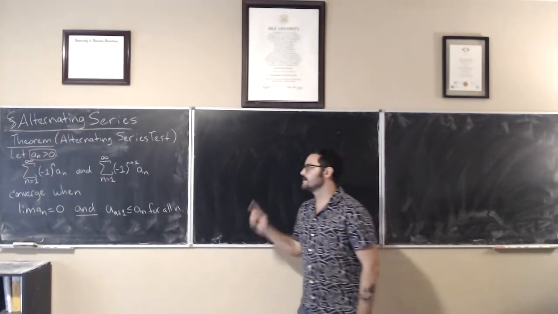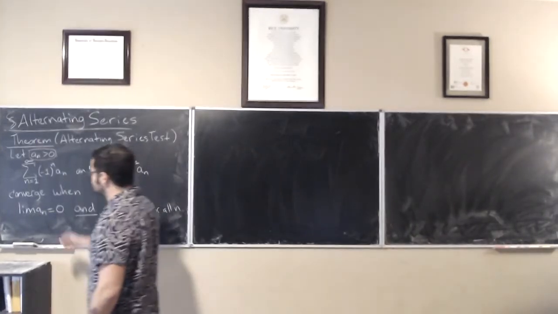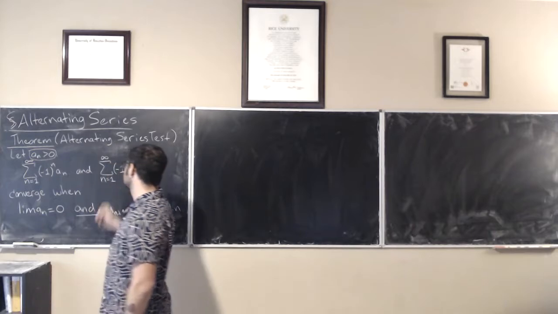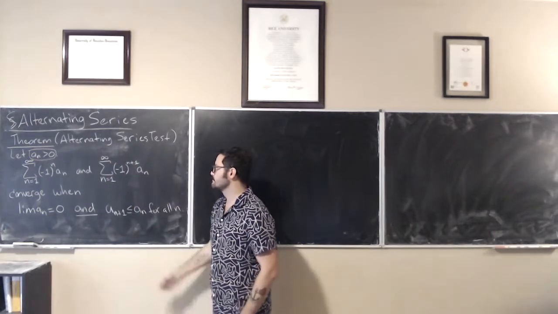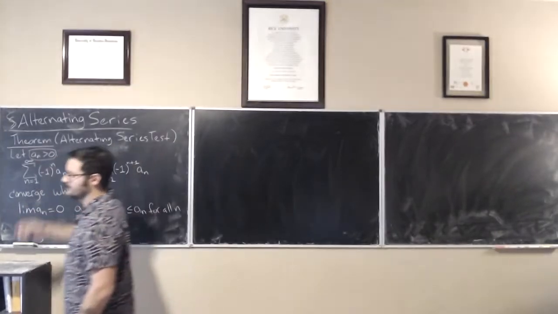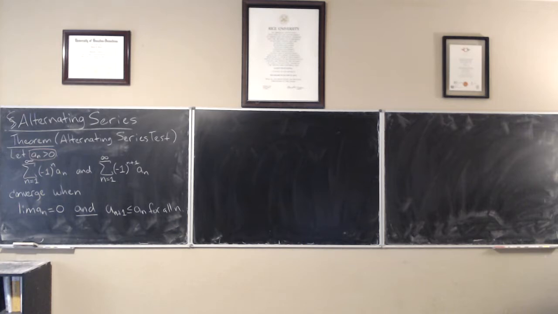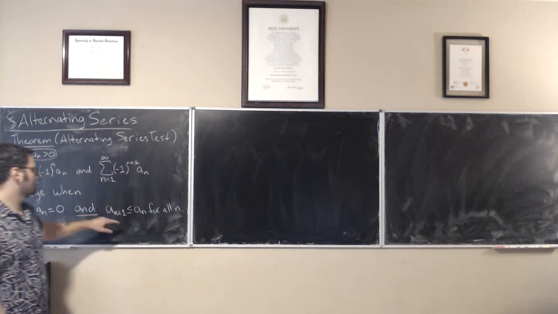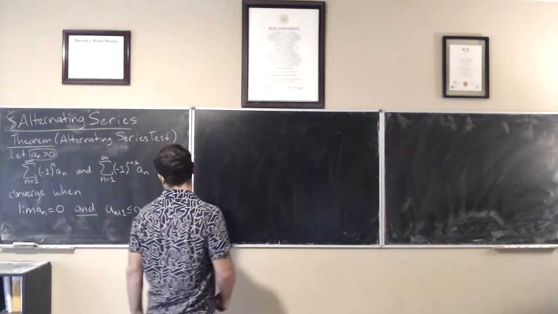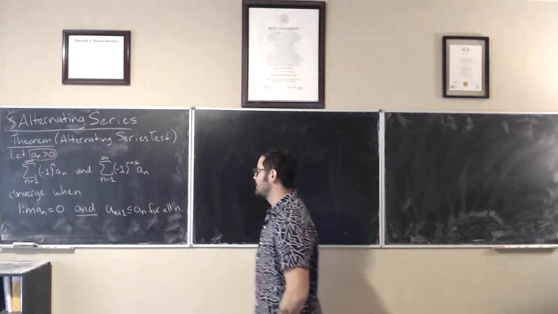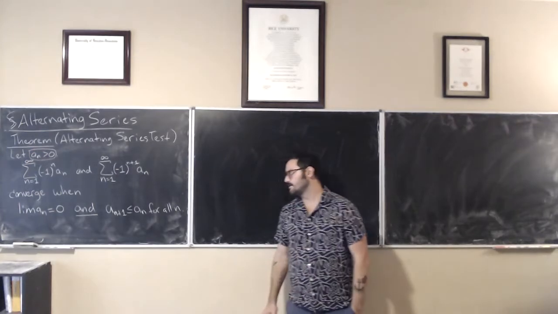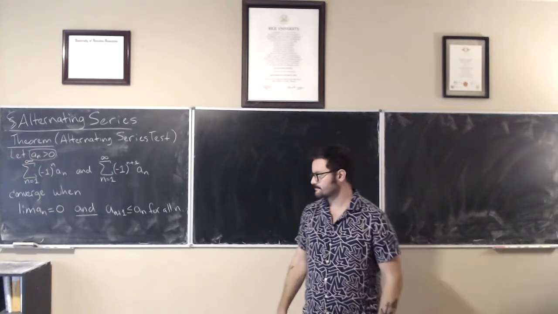Then, when considering these alternating series, which are basically the same, whether the index is n or n plus 1 doesn't matter, these series converge when the limit of the terms a_n goes to 0, and when the terms are monotone non-increasing.